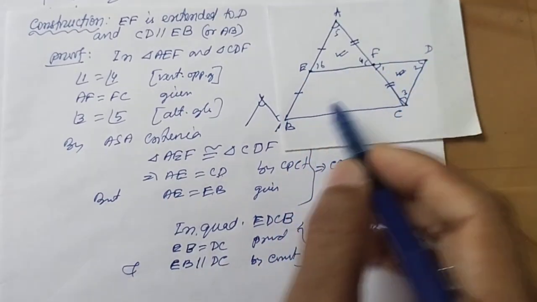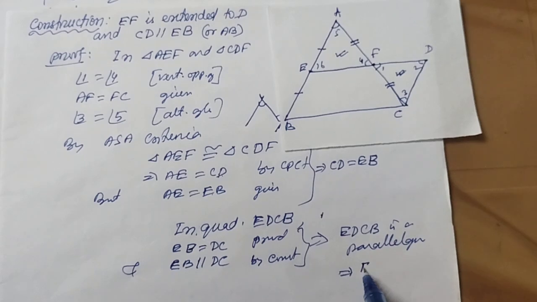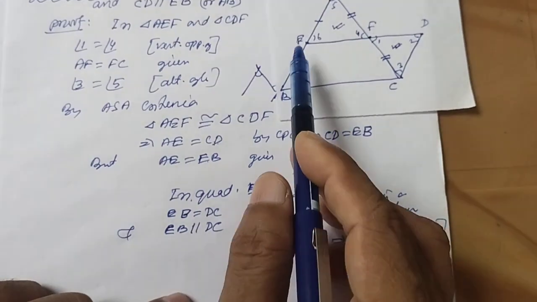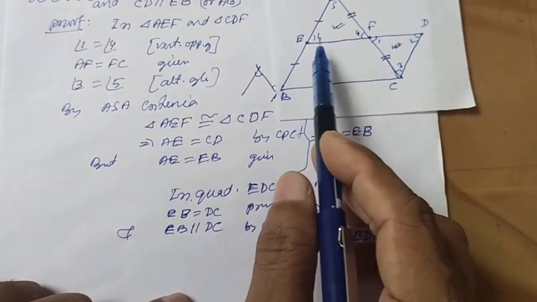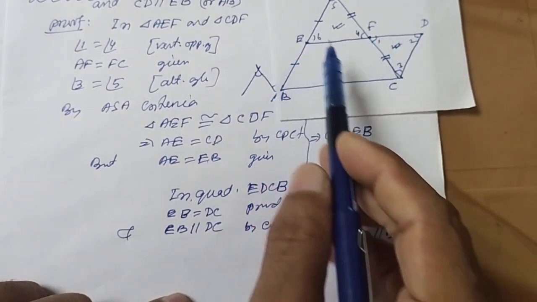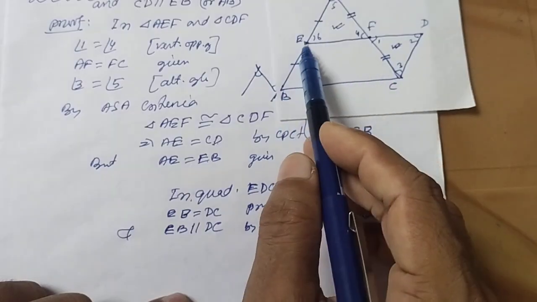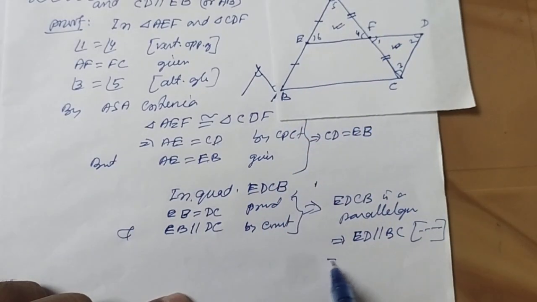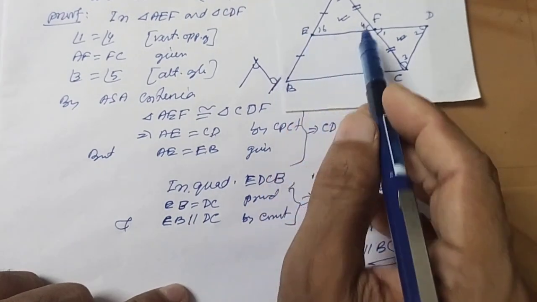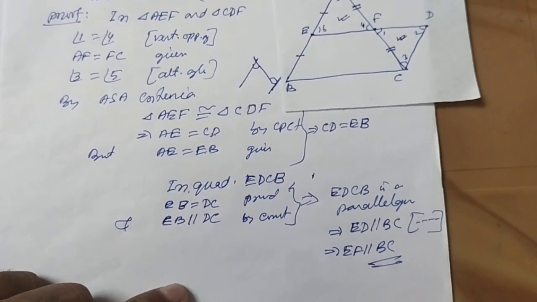That means ED must be parallel to BC. You will mention here opposite sides of a parallelogram. Now if ED is parallel to BC, obviously EF is parallel to BC because ED and EF are the same line. So I can say EF parallel to BC, and this is the proof for the first part.